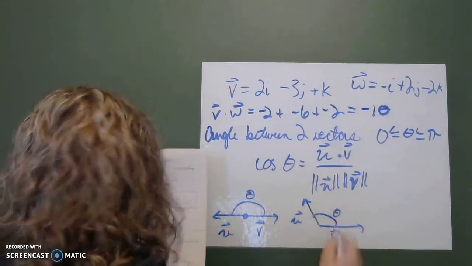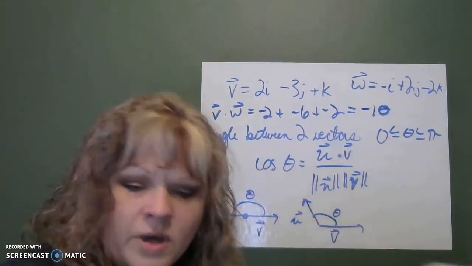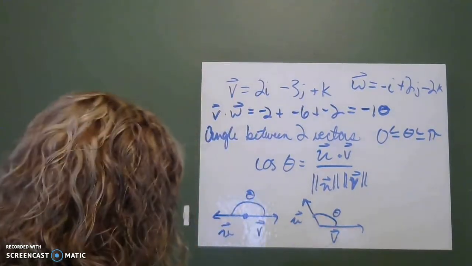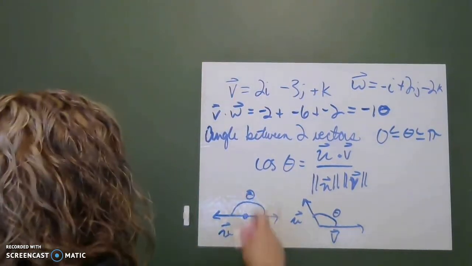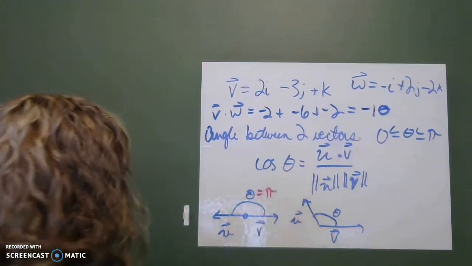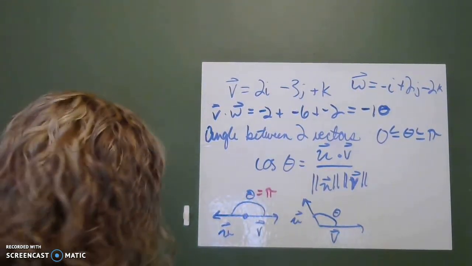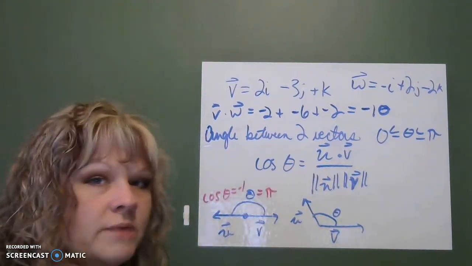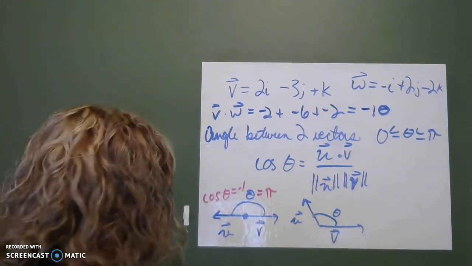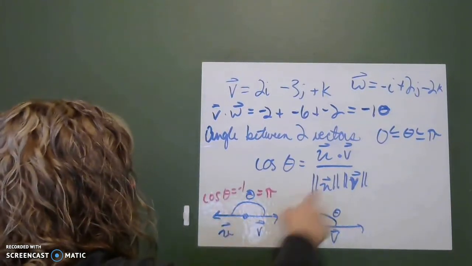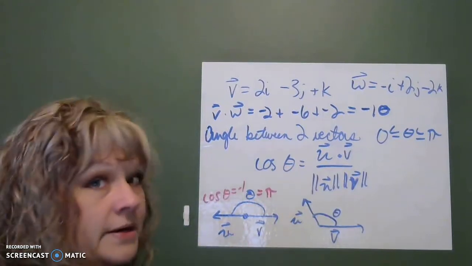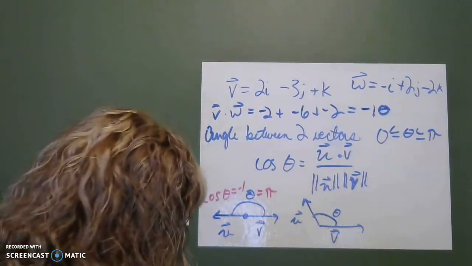So theta here is pi, right? Because it makes a straight line. And what is the cosine of pi? It's negative 1. Okay? So in this relationship, if you know that angle, you can find what the equivalent amount is. That's the idea with these properties.